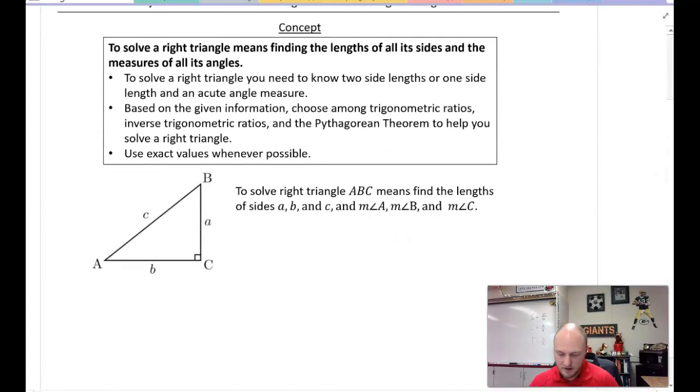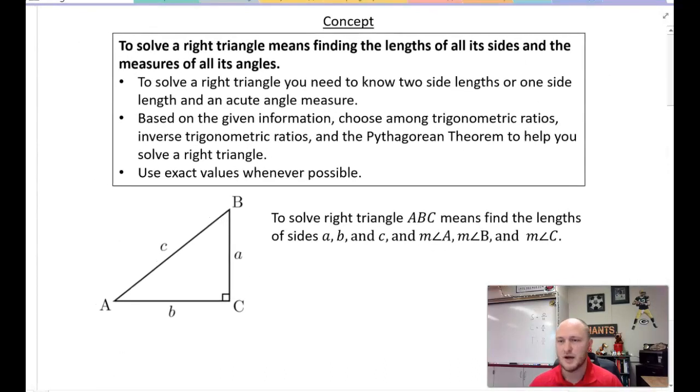Now, here are some things to keep in mind when you're solving right triangles. Again, to solve means to find all the sides and all of the angles. And in order to solve a right triangle, you need to know at least 2 side lengths or 1 side length and an acute angle measure. Based upon the information, your approach to the problem is going to change. You may have to use the Pythagorean theorem.